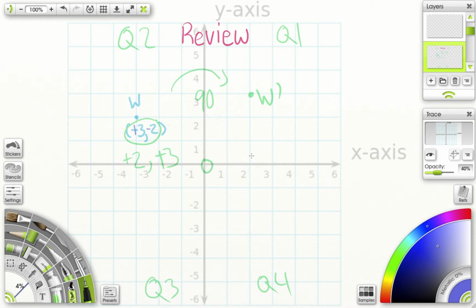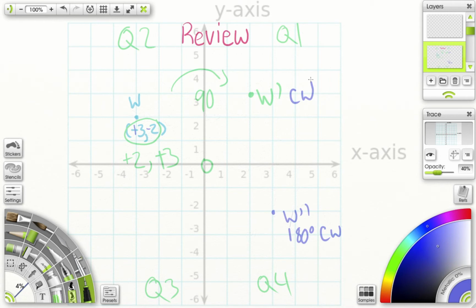So if it's positive, positive, it becomes negative, negative. Negative, positive becomes positive, negative. And positive, negative becomes negative, positive. So the 90-degree rotation is +3, -2. I go to +3 down to -2. And this is my 180-degree rotation. These are our clockwise rotations.